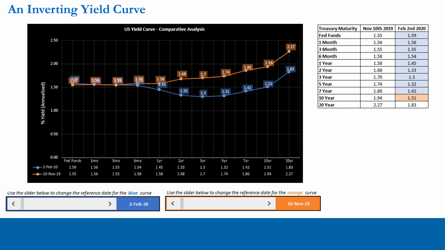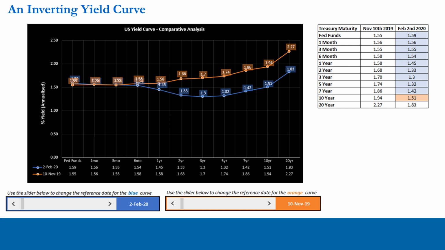So the market was sending us a very strong signal before COVID hit and had its biggest impact at the end of February 2020 and March 2020, and even in April. The market was sending us the message that they were expecting economic contraction, and the yield curve was in the process of inverting before it happened.